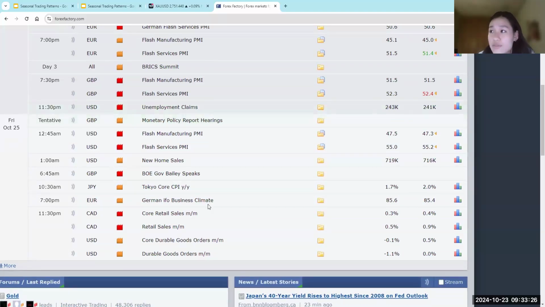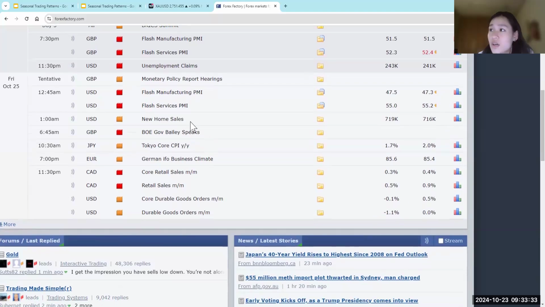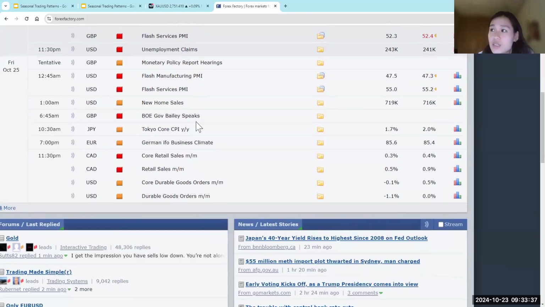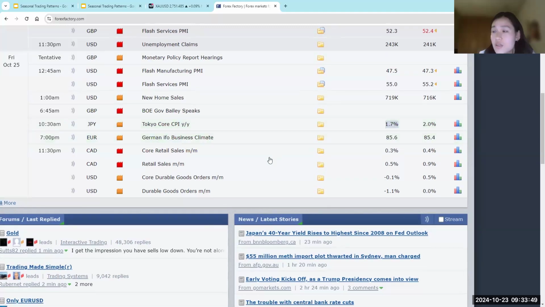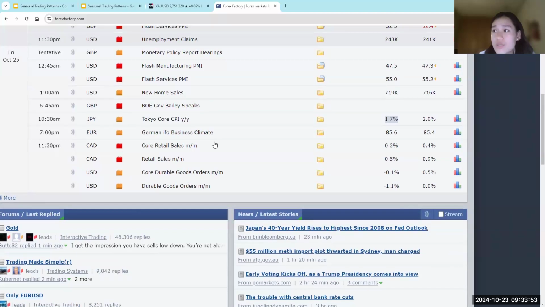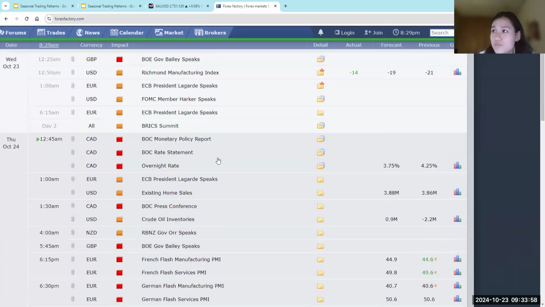So on Friday, we have US flash manufacturing PMI, UK monetary policy report hearings, US new home sales, UK Gov Bailey speaking, Tokyo core CPI, so this is inflation data as well, and it's expected to drop to 1.7 from the previous 2.0%. German business climate, Canadian core retail sales, and US durable goods orders as well.